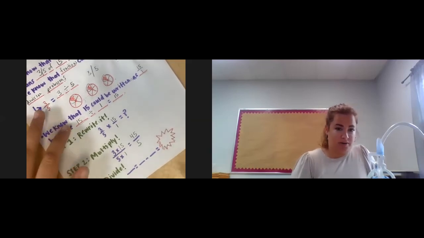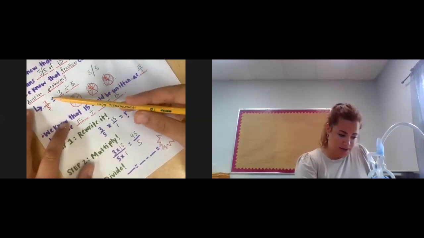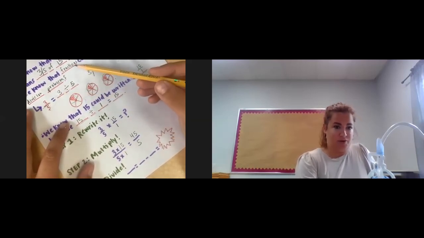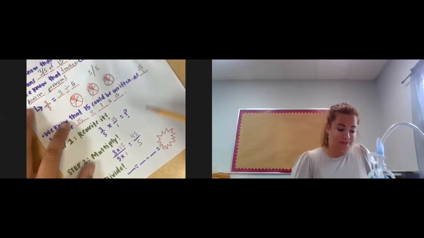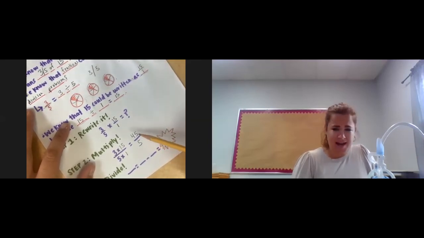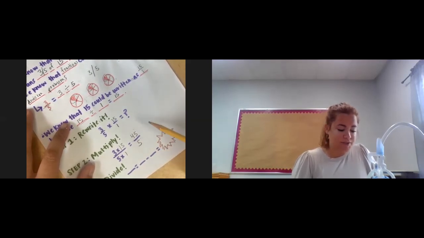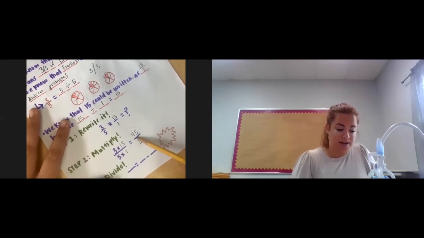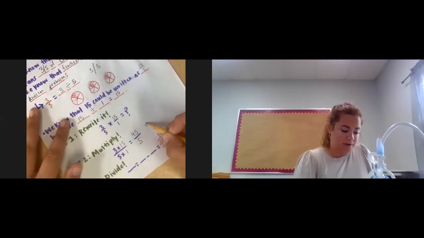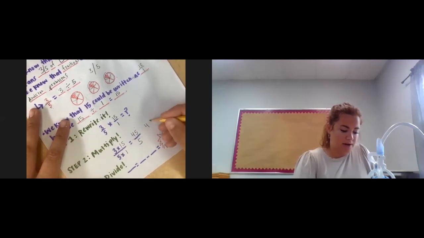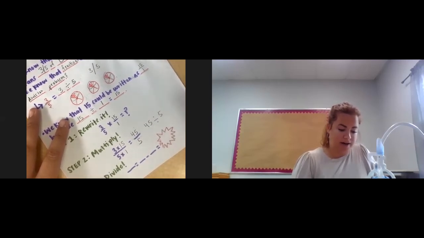Okay, so we talked about, just a second ago, how fractions can be written as division problems. So I've got a fraction here. I know that it's improper because the numerator is bigger than the denominator, right? So I could rewrite this as a whole number if I just divided it. 45 divided by 5, right?